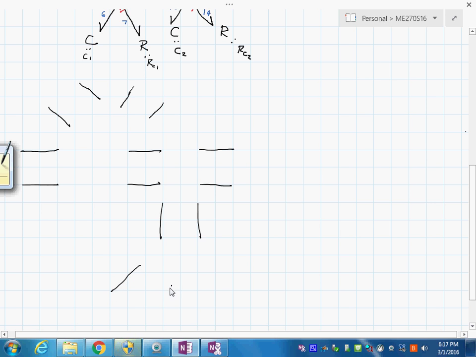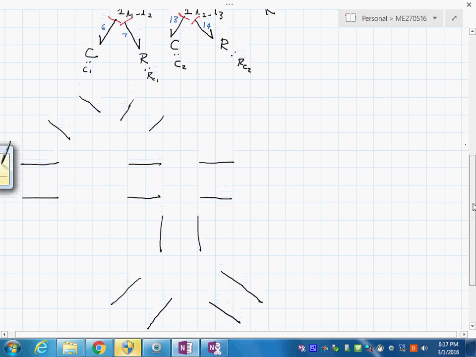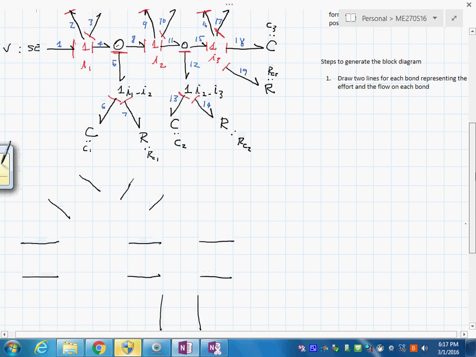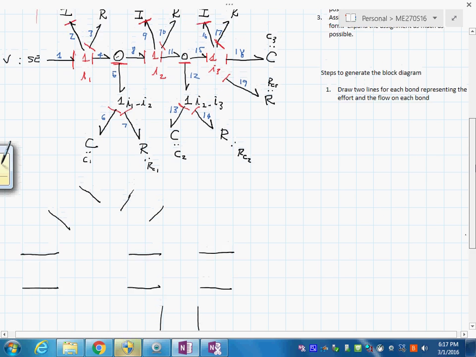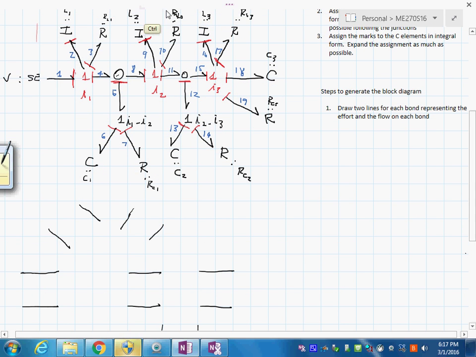I just drew this one. And then we need this, and then the structure on the bottom. So this would be number 15, like this, and then we are going to put those two.